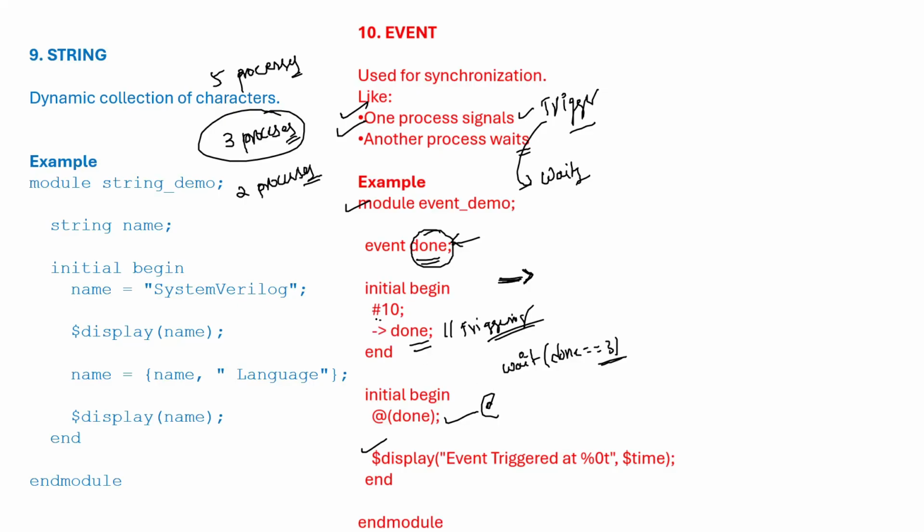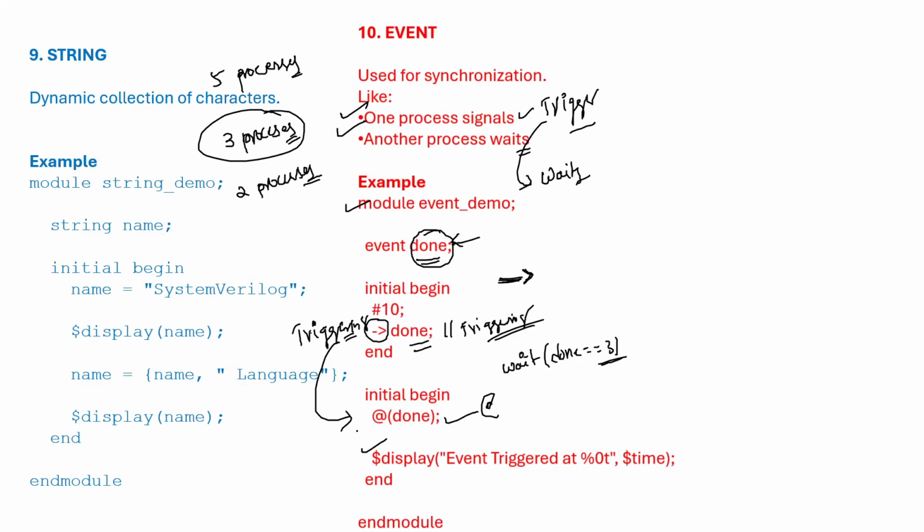So it is triggering the event here, using the implication operator. This implication operator tells you that triggering is done here. Based on the triggering, it executes in the next cycle.